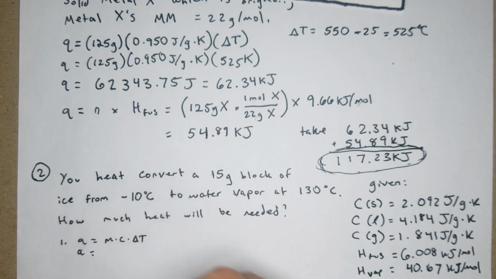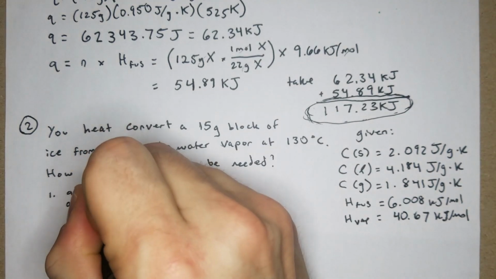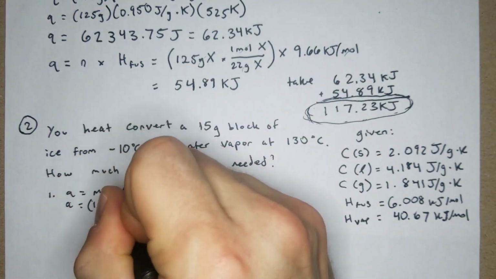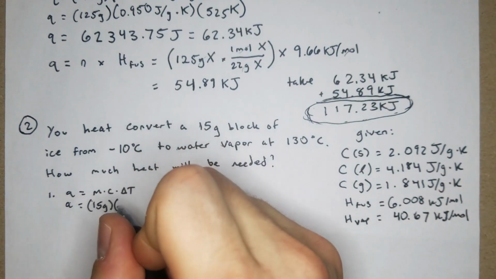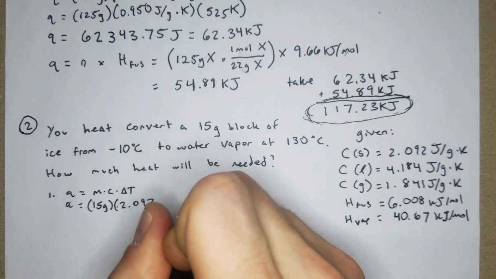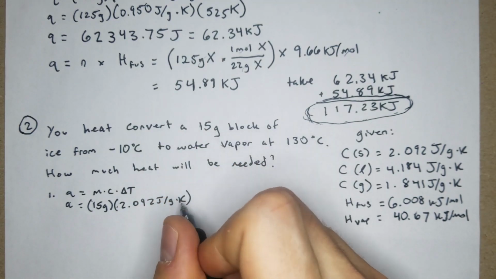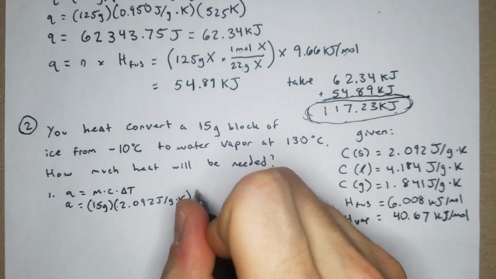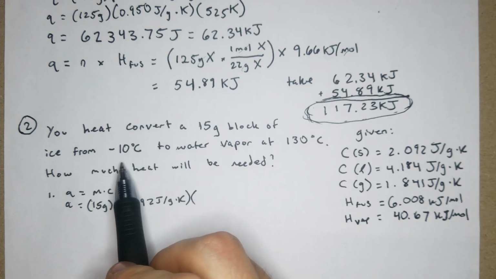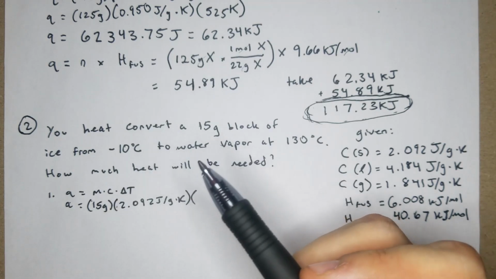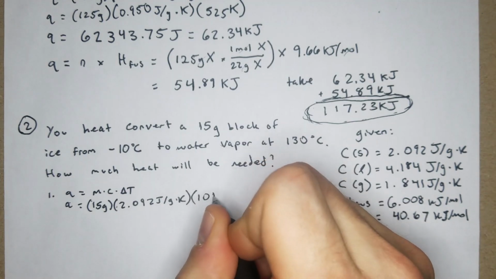So Q equals, I'm going to write a little bit smaller so I can fit it all. We have 15 grams times 2.092 joules per gram Kelvin, and then we have our temperature difference. We know for water, it freezes at 0 degrees Celsius. So the temperature difference here is going to be 10 Kelvin.